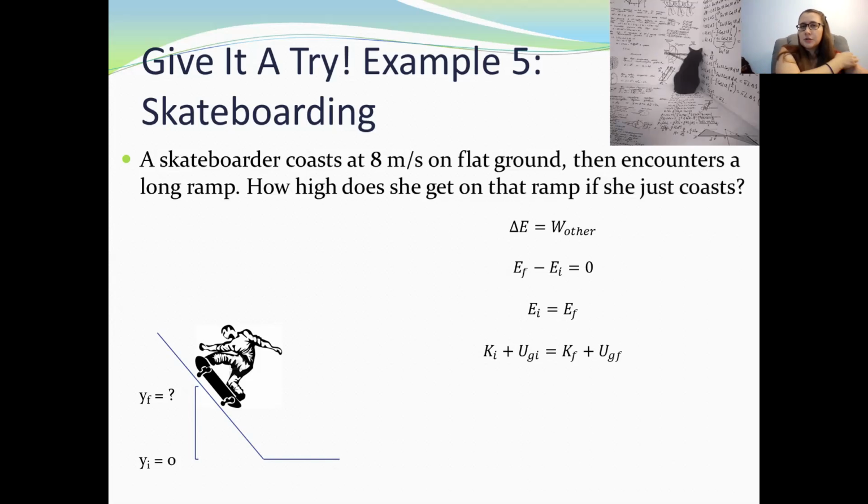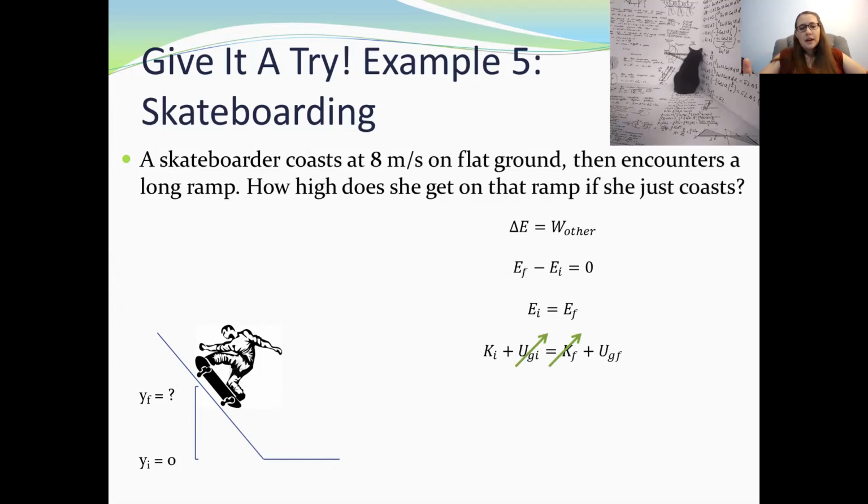Now, gravitational potential energy occurs anytime that an object is off the ground or at a different height than your coordinate system, than your 0 point. So again, remember, you can set your 0 point to be wherever's most convenient to you. In this case, I just set it to be the ground, right? So when our skateboarder is off the ground, then she will have some amount of gravitational potential energy.